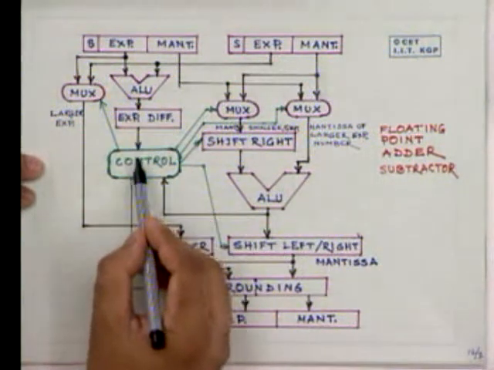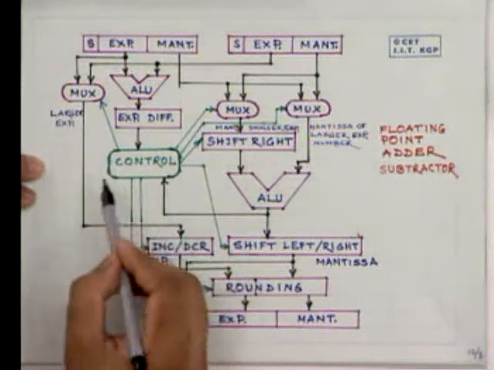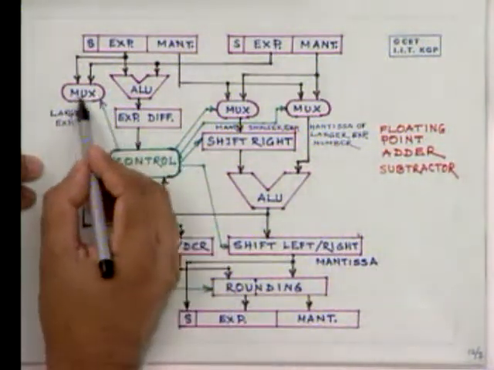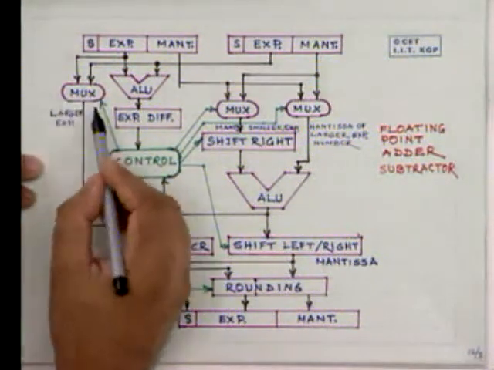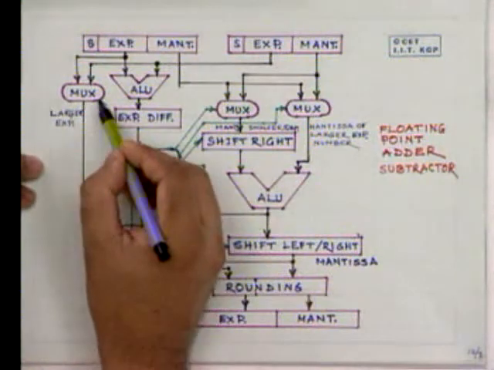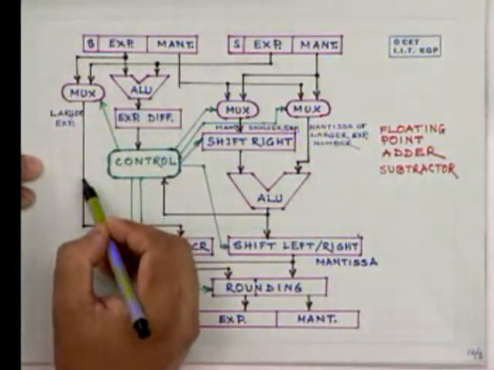That now puts input to this control element. That control element is an input to this, which we call a multiplexer. The multiplexer is a 2-to-1 multiplexer. That means depending upon this control signal, one of the inputs will come as an output, right?